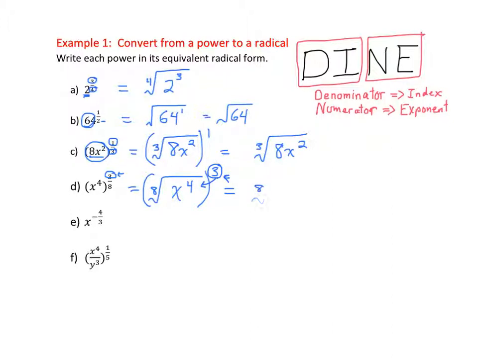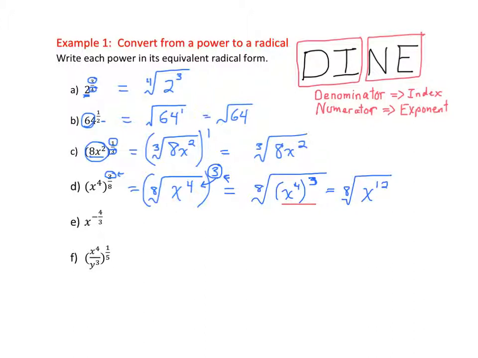So we can have the 8th root, and then the radicand was x to the power of 4, and the radicand gets cubed. Well, here we have a power to a power. So to simplify that, we get the 8th root of x to the power of 4 times 3, which is 12. And that would be our final answer for that one.